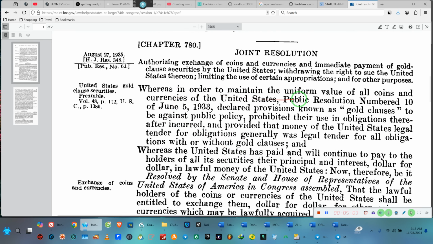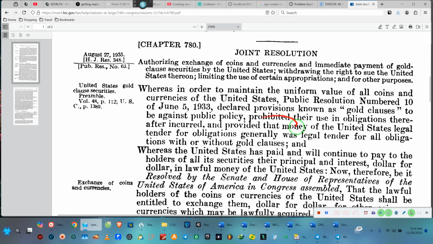Whereas in order to maintain the uniform value of all coins and currencies of the United States, Public Resolution number 10 of June 5th, 1933 declared provisions known as gold clauses, pay attention, or demand for payment in any other coin or currency of the United States measured thereby to be against public policy. You don't believe me?